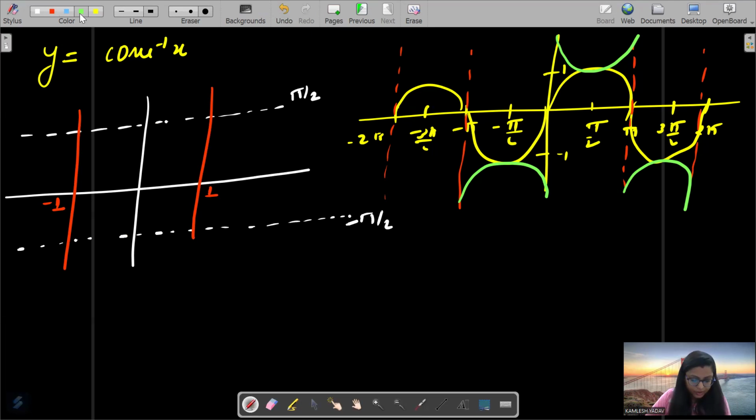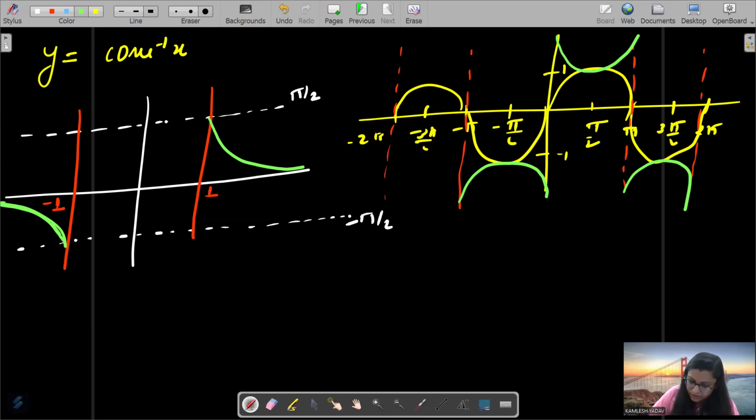The first mirror image is drawn like that, and also draw for this side. Okay, the mirror image. So this is the graph of cosec inverse x.